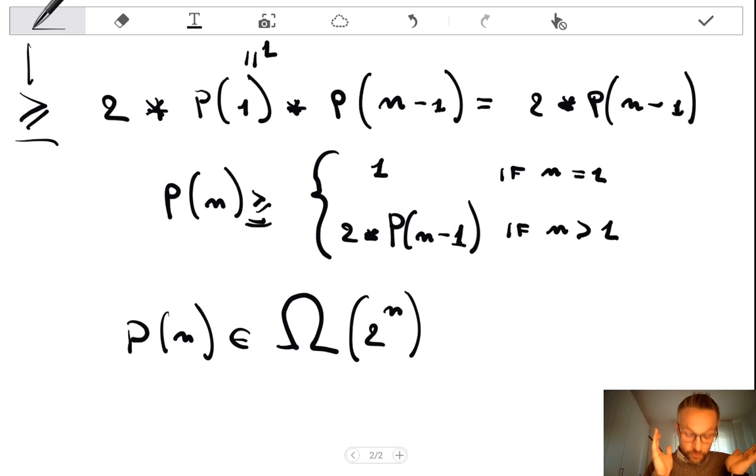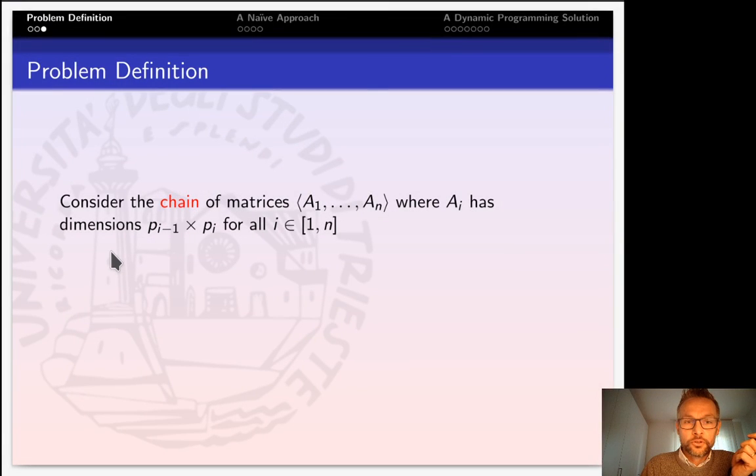This is just to say that the number of possible parenthesizations is exponential in the number of elements in the chain, which is awful. So to solve the problem in the naive way, we have to compute an exponential number of possible parenthesizations, and this is just to compute the parenthesizations, not even to compute the number of matrix multiplications we are required to perform. So this is not really an acceptable solution.